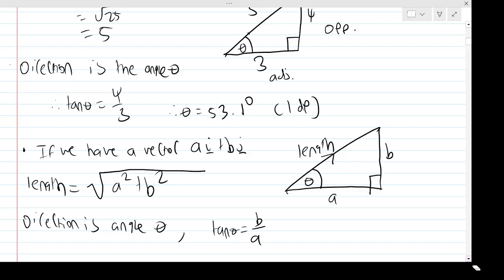That angle is from the x-axis, from the horizontal, so we measure the angle from the horizontal line at the base. So these are the two components, the length and the direction. That's how we find the direction and the length of a vector. If we're given a vector, we can find its length and its direction.